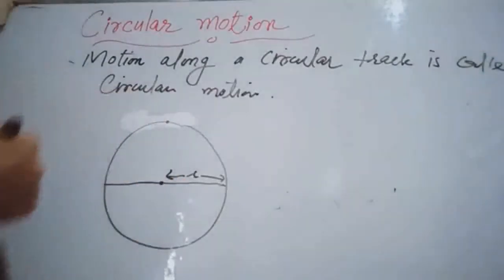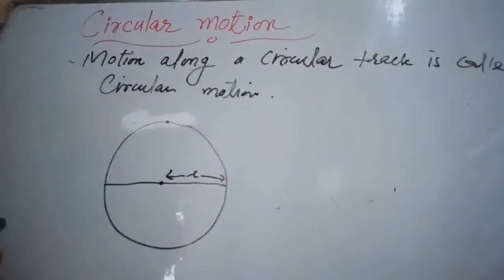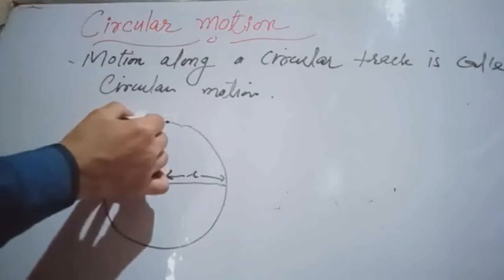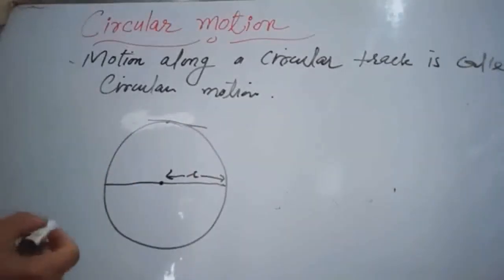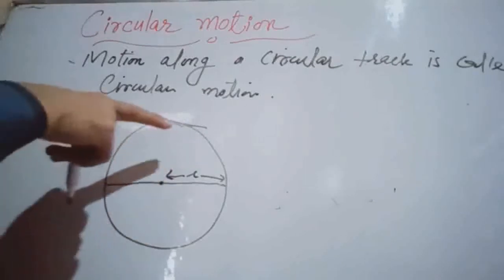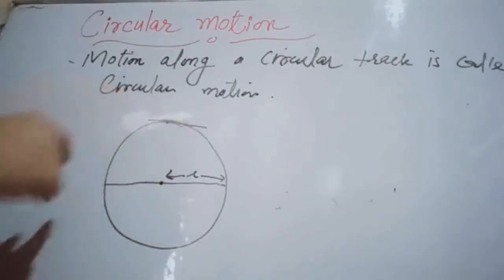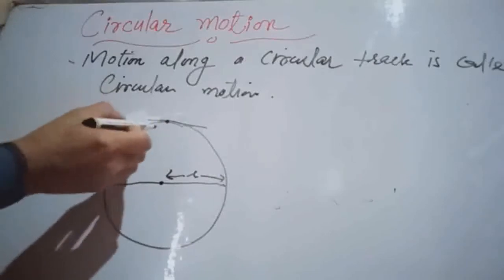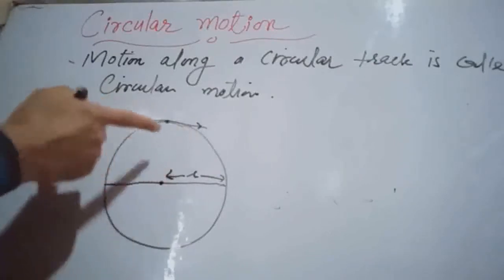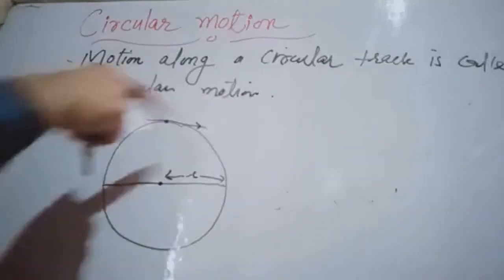We draw a tangent over it, and this tangent gives the direction of the velocity. That means at this point, the direction of the velocity is towards this side.